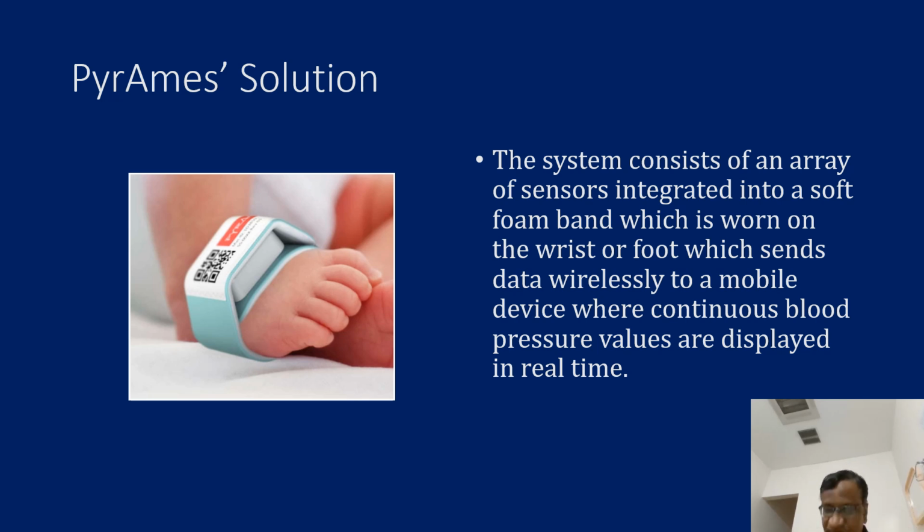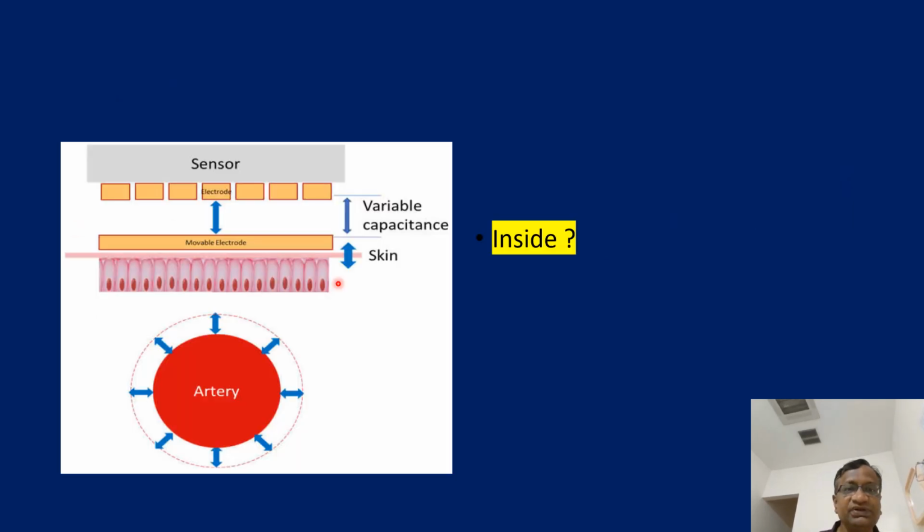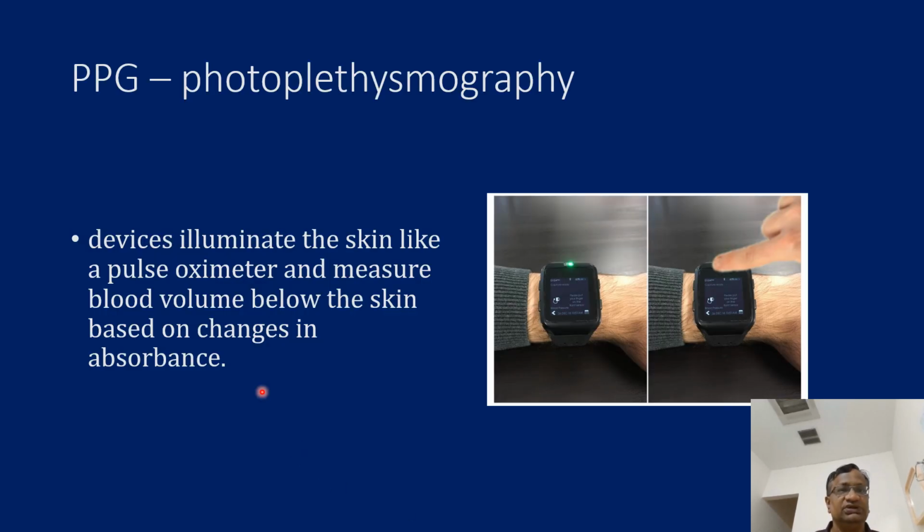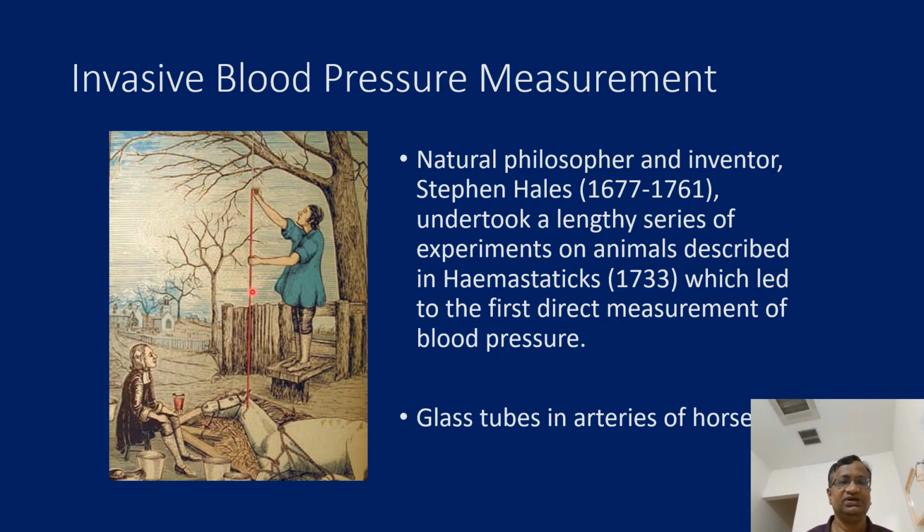Again, non-invasive continuous BP monitoring we have discussed in part 1 a few times. This is a detector, this is a movable electrode, a variable capacitance, this is skin. There is photoplethysmography. Devices illuminate the skin and measure volume by the changes in absorption.